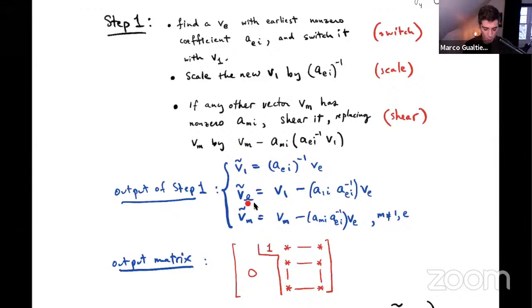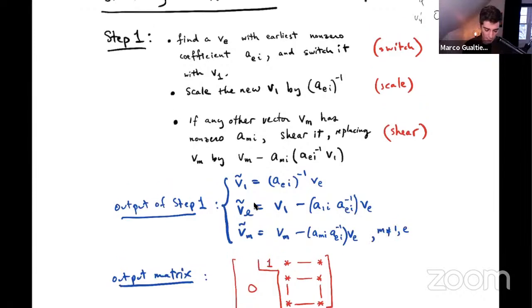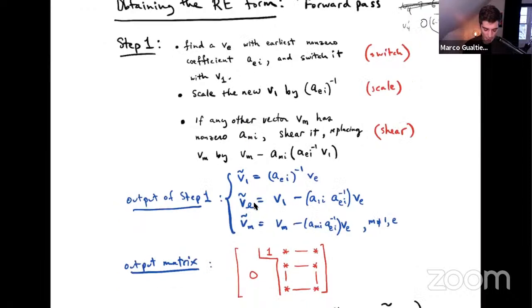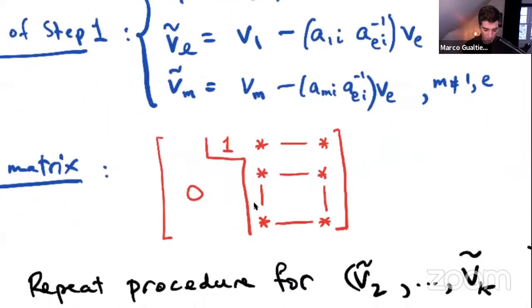And then the new row is going to be V1 minus this, and the same goes for all the others. I'm basically just rewriting the three steps that I just did. And here you can see what the result is. I get an echelon and zeros beneath it. Okay, so after step 1, this is what it looks like.